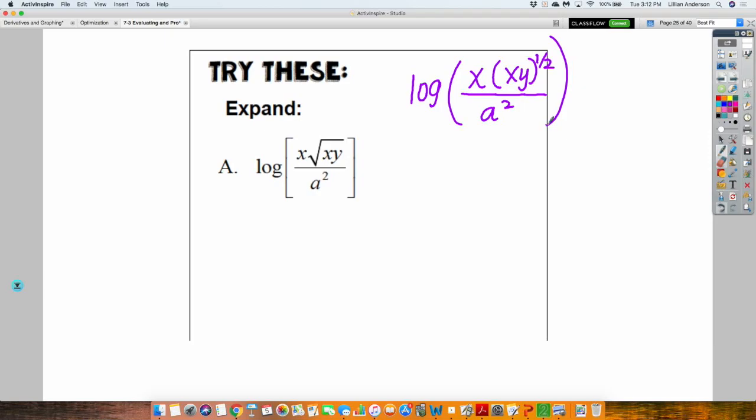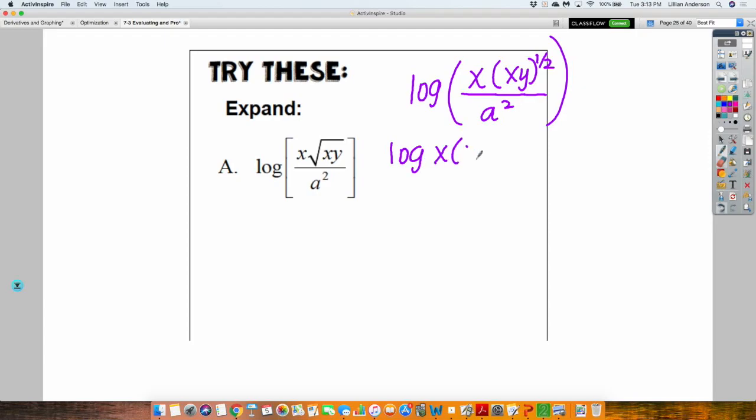What's the next thing I could do? Ooh, I'm going to do a few things before I apply that power. Quotient. Who said it? Good job. Quotient. Separate those.